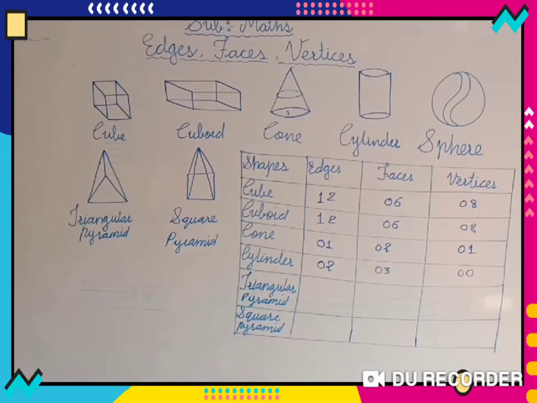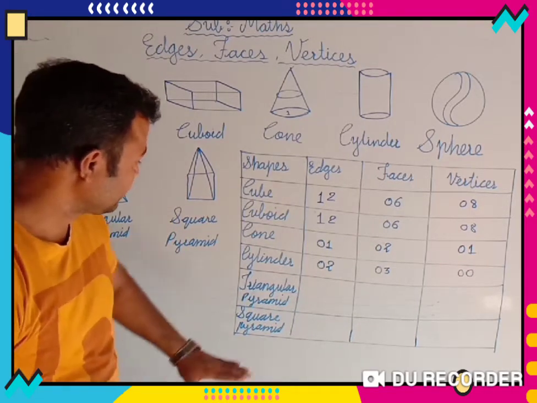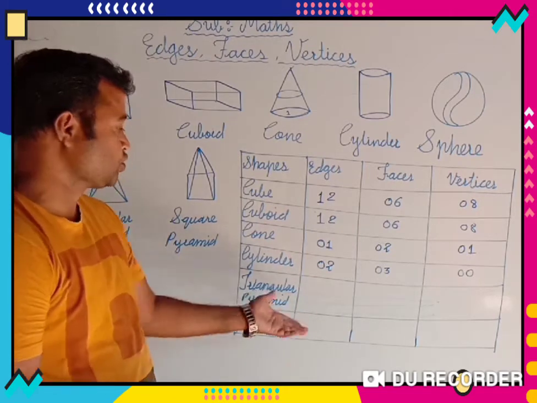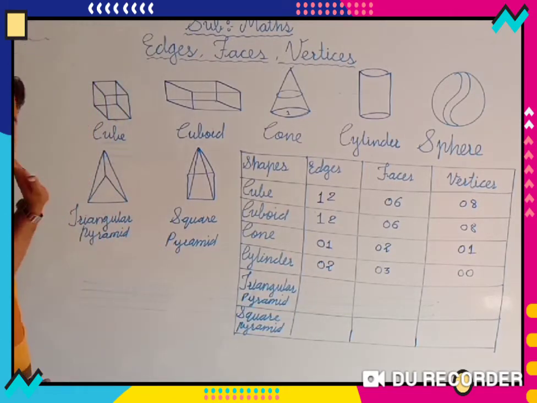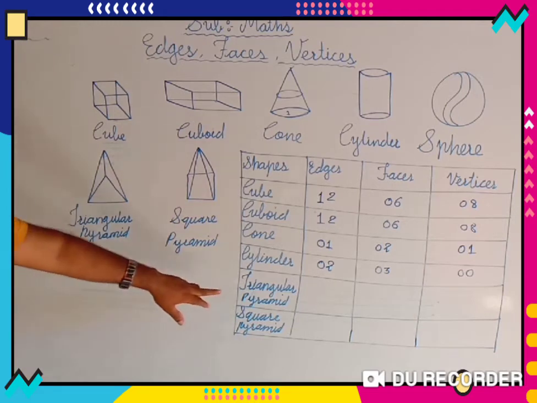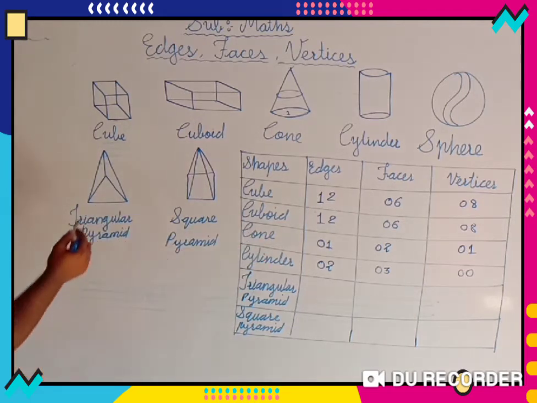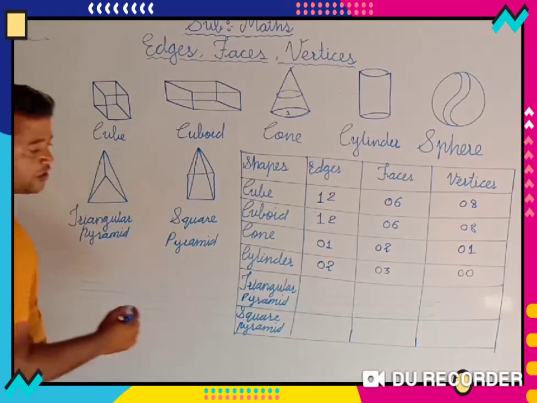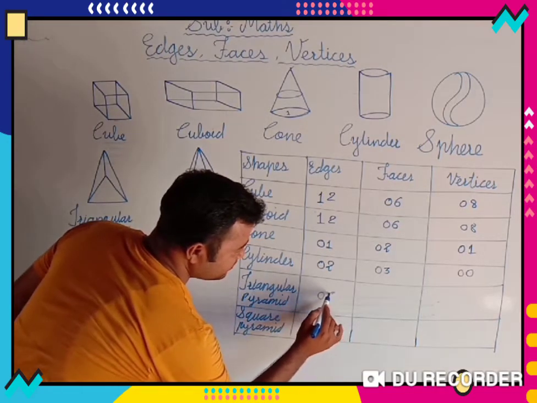Now a question comes about the triangular pyramid. It is not available with me, so I cannot show you on it. Just understand it on the figure, right? How many edges does a triangular pyramid have? This is 1, this is 2, this is 3, 4, 5, and this one 6. So it has 6 edges.